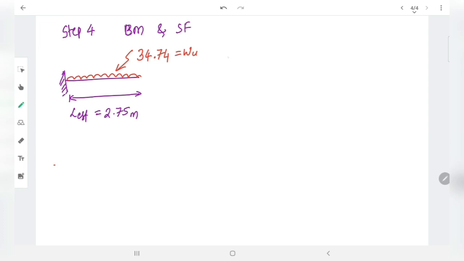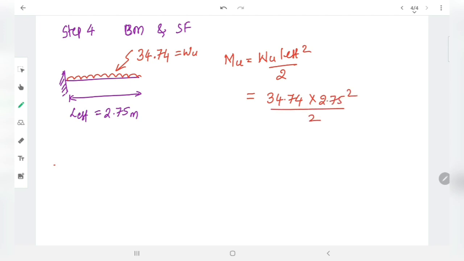Now I will be calculating the bending moment and shear force for a cantilever subjected to UDL. MU is equal to WU L effective square by 2. W is 34.74 into L effective 2.75 squared divided by 2. When you calculate this, you will get a value of 131.36 kilonewton meter.